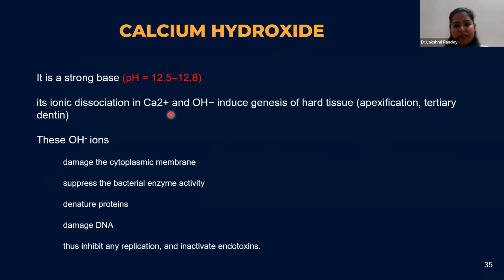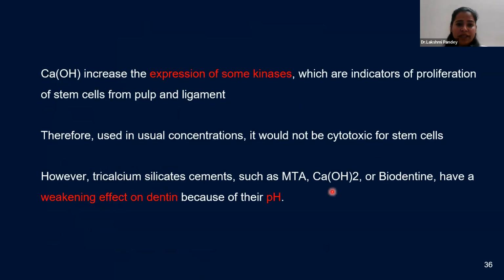With calcium hydroxide, you already know what exactly the hydroxide does and the property it gives to the calcium. It damages the cytoplasmic membrane, suppresses bacterial enzymes, denatures proteins, damages the DNA of the microorganism, and inhibits replication. It increases the expression of some kinases, which are indicators of proliferation of stem cells.